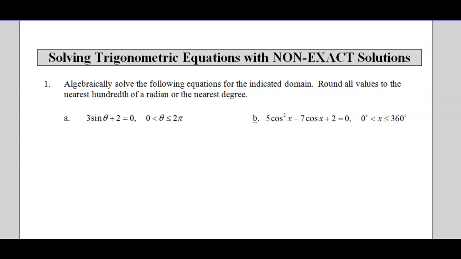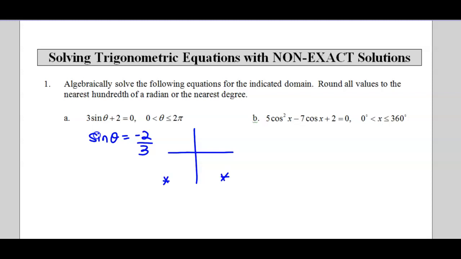Okay? First one, pretty straightforward. This is back really to Math 10. You try to find the angle that gives you a sine ratio of negative 2/3. Okay, so this is where, in the introduction of trig, about a month ago when we started, we talked about where sine is positive or negative, so it's negative in third and fourth.